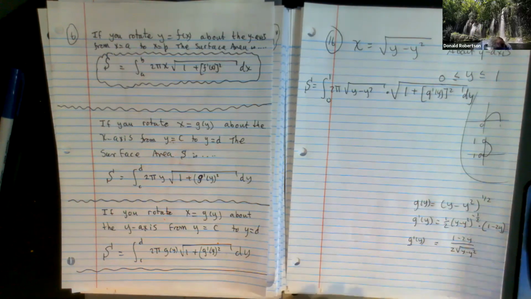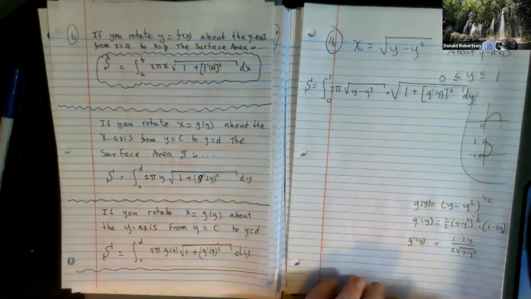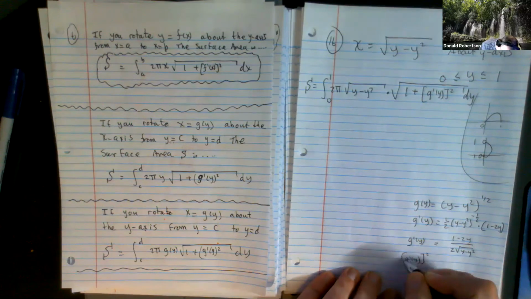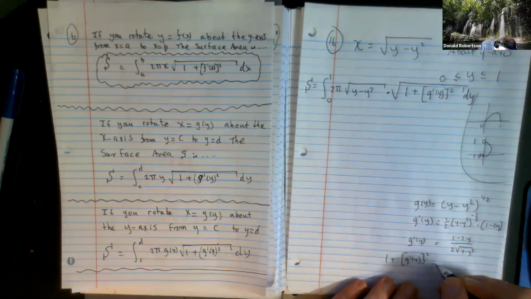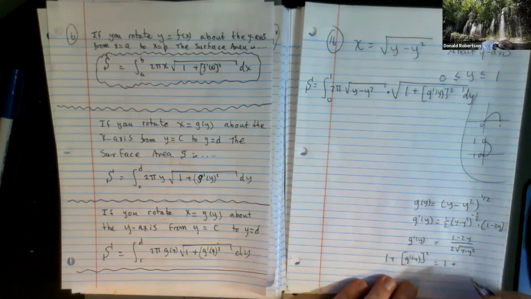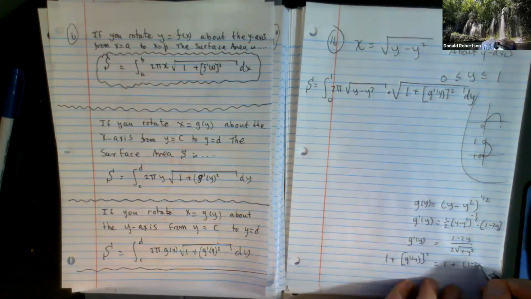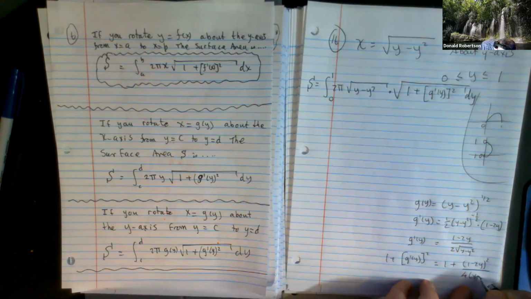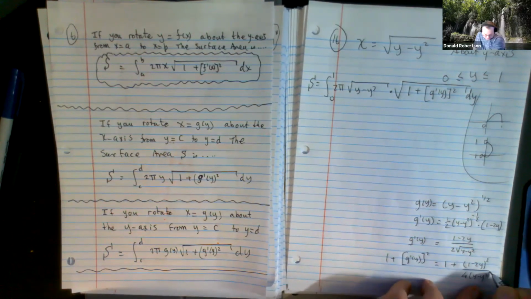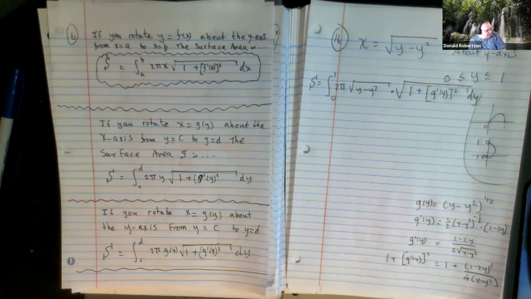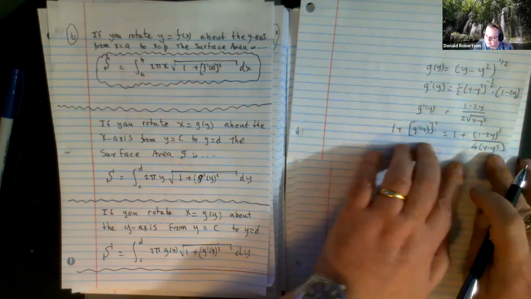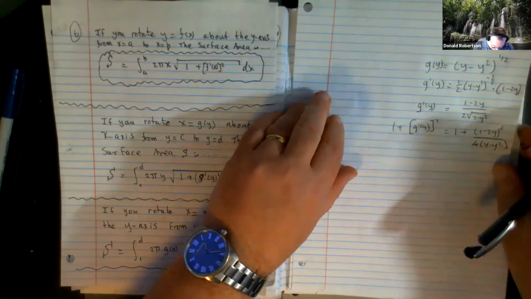Now what we're going to do is square it and add 1. So it's going to be 1 plus, right? If you square this, you square the top, you square the 2, and you square a square root. Are you still with me? We've done this at least twice before.